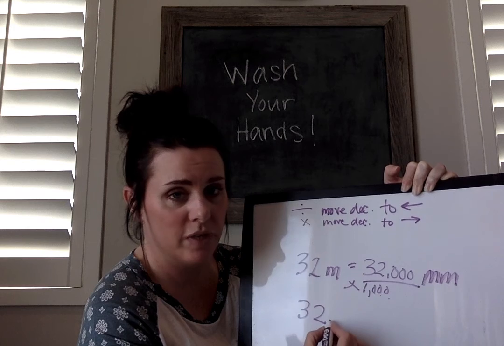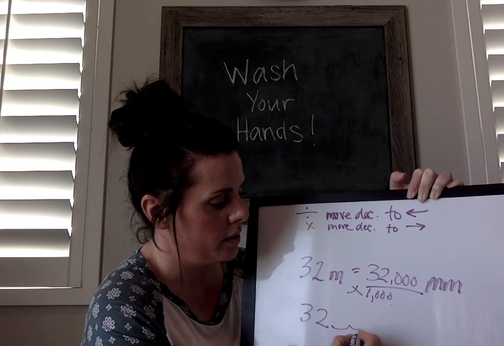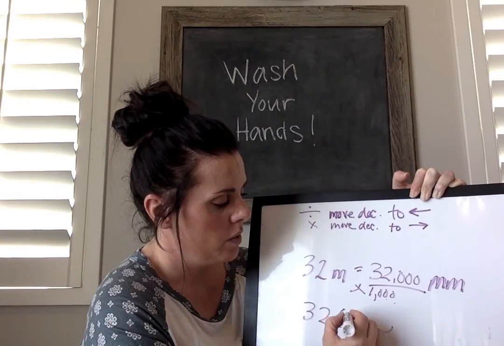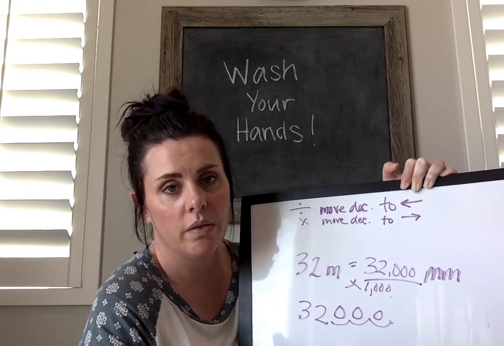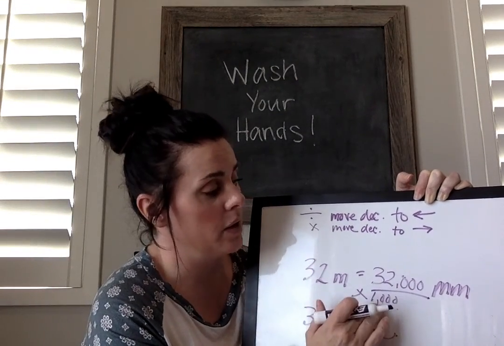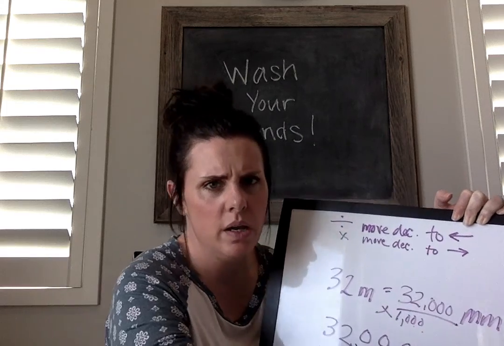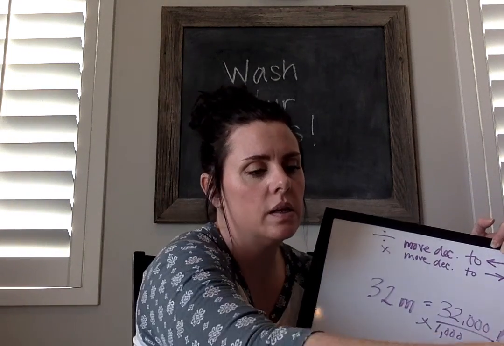My invisible decimal's right here, so I start right here. I'm going to go to the right 3 times. 1, 2, 3. And in those blank spots, I put a 0. 32,000. Or I know that 32 times 1,000 is 32,000, right? You guys got that. Okay. I think we're getting in a groove. I think it's getting a little bit easier here.